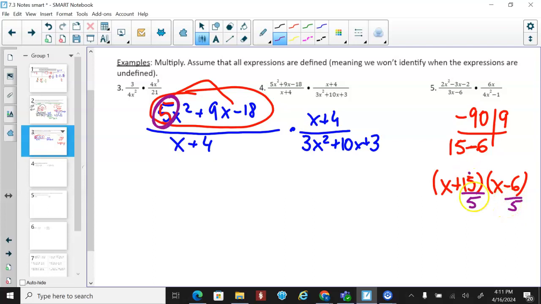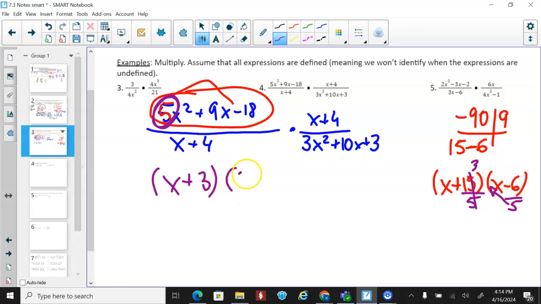Now, 15 does divide by 5, which gives me 3. 6 does not divide by 5, so this 5 is going to be shoved in here in the front of that x. So as I'm rewriting it, now instead of this equation right here, I am putting x plus 3 now, which was divided by 5, the 15 by 5.